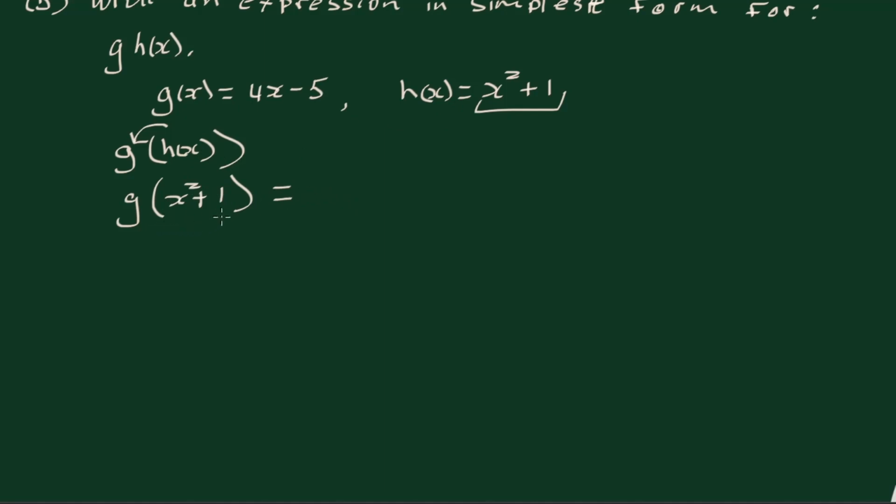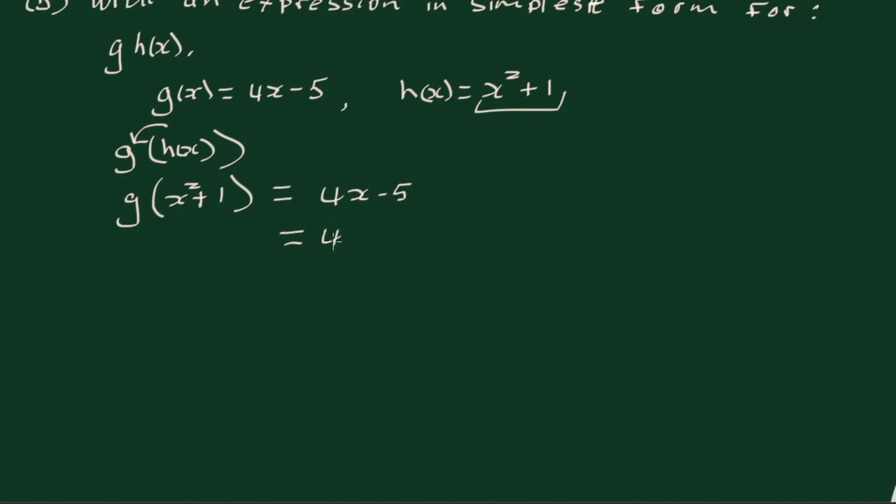So now the input in the function g will be x squared plus 1. And we know that function g is 4x minus 5. So 4x minus 5, and the input to this function here is x squared plus 1. And when I say input, I mean to say that wherever I see x, I'm going to replace it with x squared plus 1.